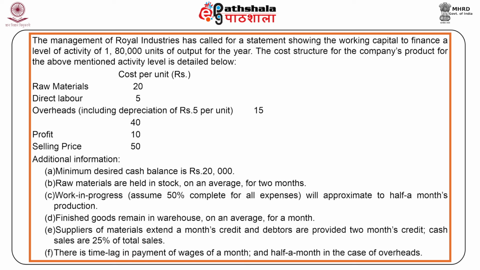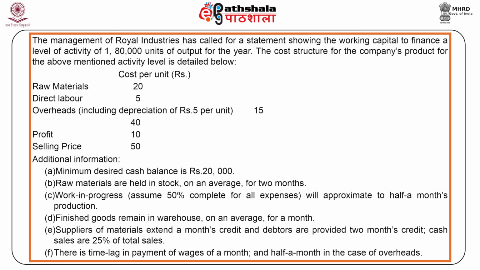Cost per unit: raw material 20 rupees, direct labor 5 rupees, overheads including depreciation of rupees 5 per unit is equal to 15. So the total of these three items comes to 40. Out of that, profit is 10 per unit and the selling price is 50 rupees per unit.